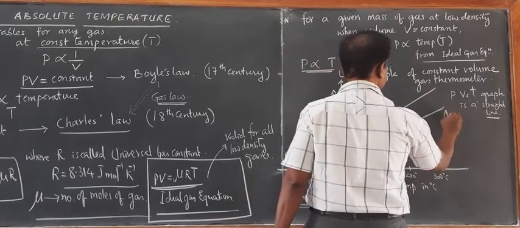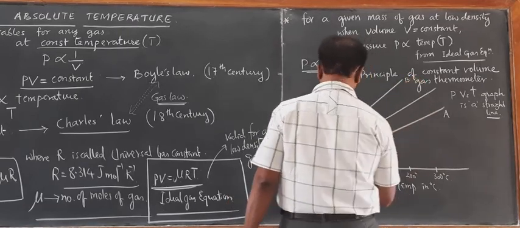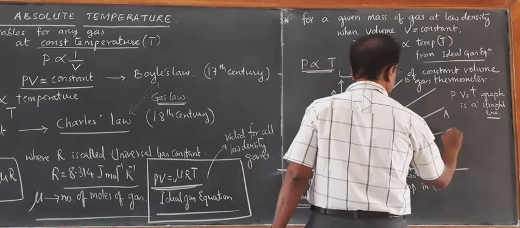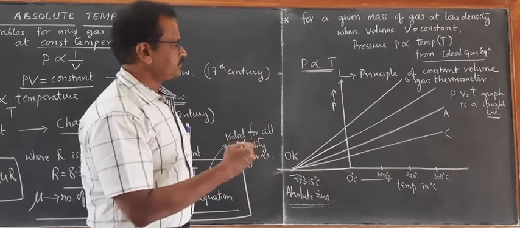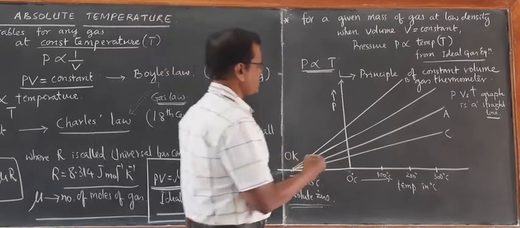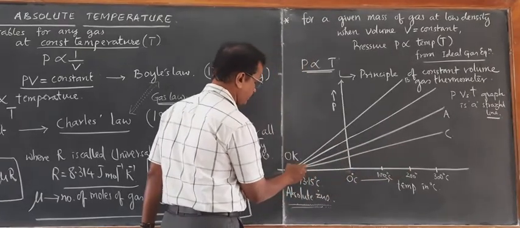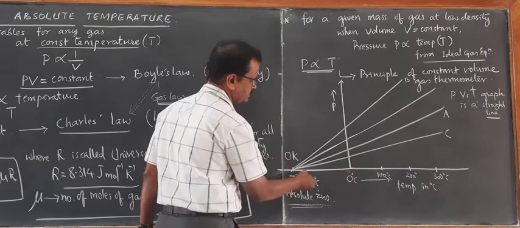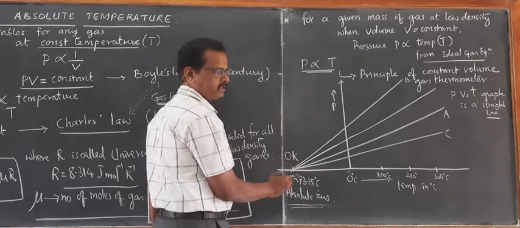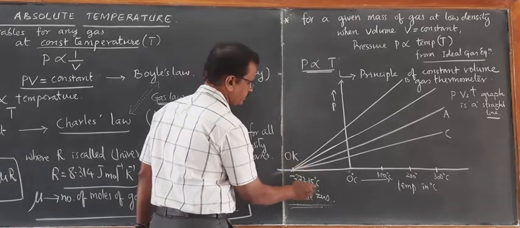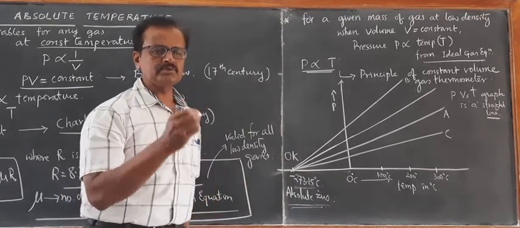This is for gas A, suppose this is for gas B, and this is for another gas C. Although they have different values of pressure at different temperatures, when you extrapolate them backwards, as you decrease the temperature, all the gases show the same behavior, and at minus 273.15 degrees Celsius, the pressure of all the gases is reduced to 0.